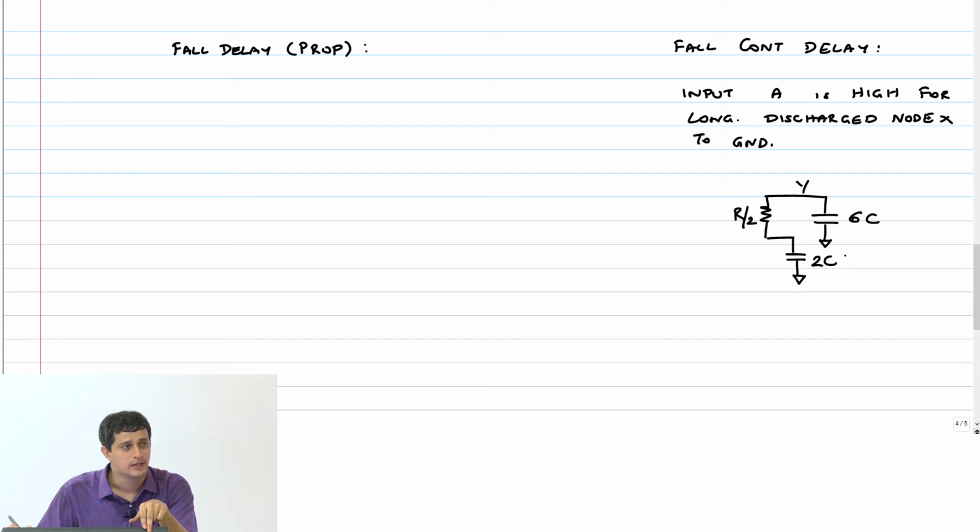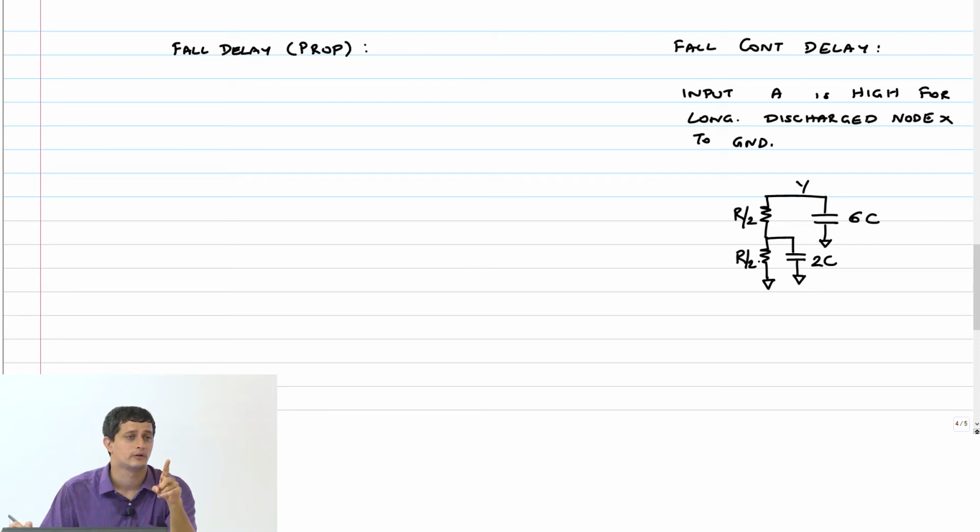2C is the intermediate node capacitance, but that has already been discharged to ground, right? So if you remember this problem I gave in the quiz, where one of the nodes was already discharged, you apply that condition and that capacitance will just vanish, okay? It doesn't mean that the resistance will vanish.